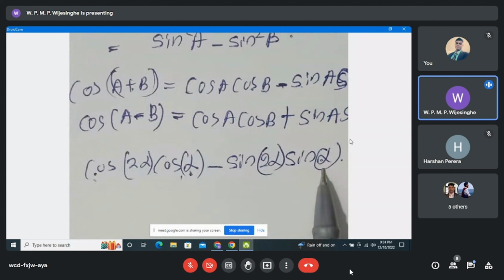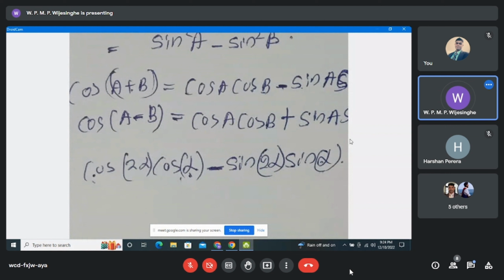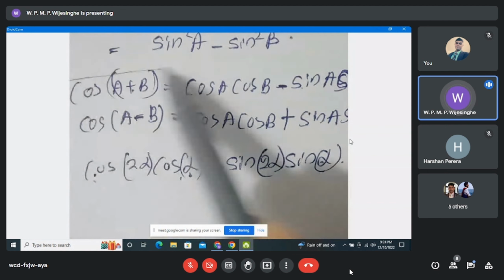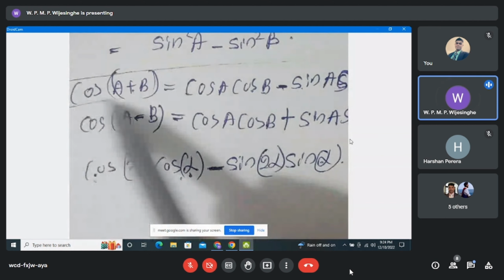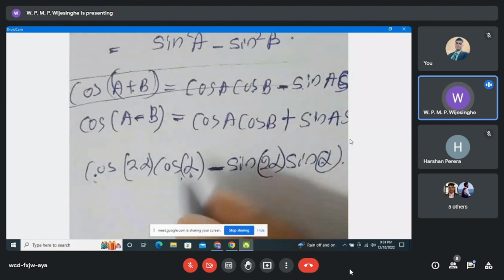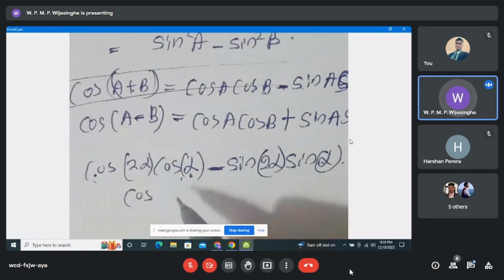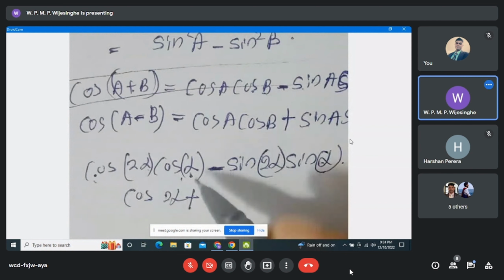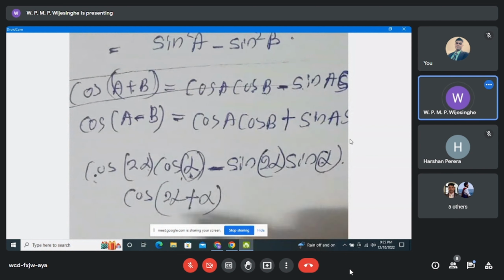Then it is minus, so it is the summation of two angles in cosine, cos, right? It means it is in this format, right? Then I can write cos, first angle is 2 alpha. When it is minus, it should be positive here. Second angle is alpha. Then cos(2 alpha plus alpha), it is cos 3 alpha.